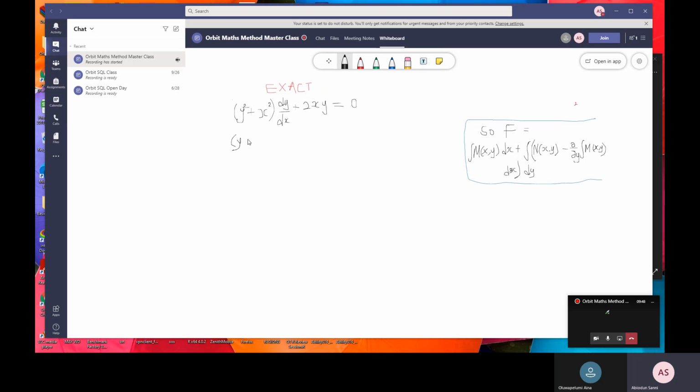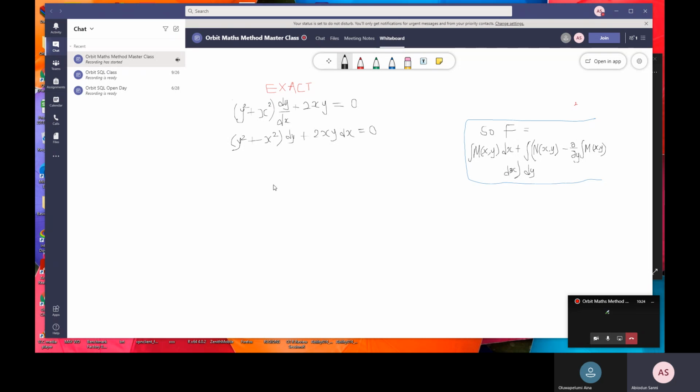I can just multiply through by dx, so I have (y squared plus x squared) dy plus 2xy dx equals 0.